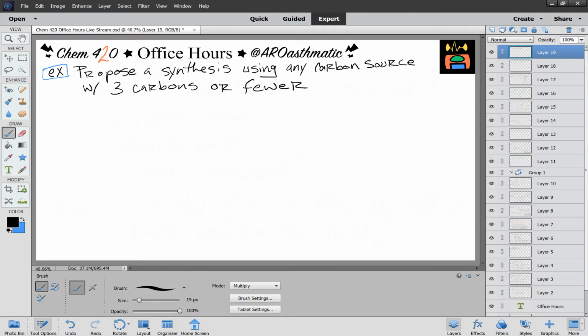All right, let's take a crack at this. So we're starting from 1-phenyl cyclopropanol, and I'm asking you to propose a synthesis for the following molecule.